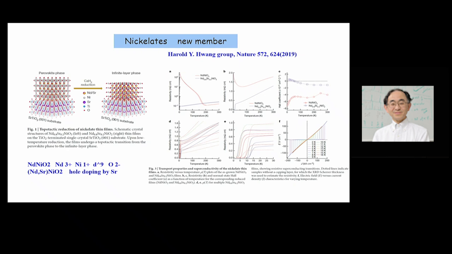But in this case, this original report by Hwang himself in 2019, on this material, is a neodymium nickelate oxide. So this is the valency, and then this strontium gives the hole doping. So this is rather similar to the cuprate case, where you start from d9 and introduce holes. So that was his original motivation to look for the analogy of high Tc cuprates in the nickelates.